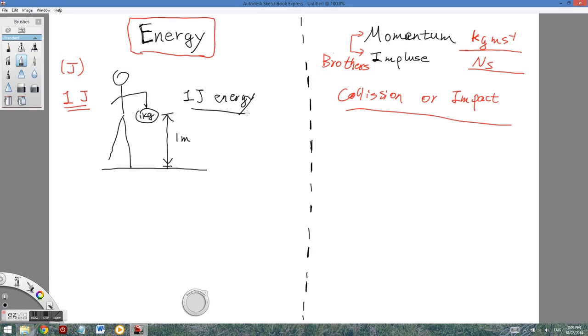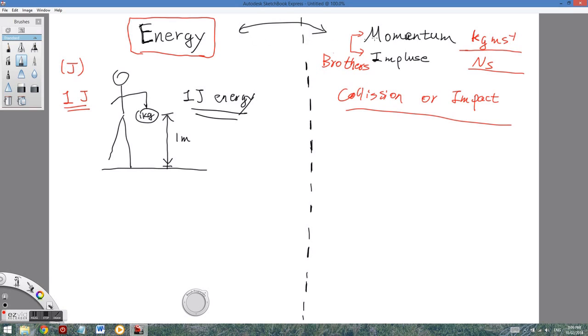Okay, there are different types of energy. We're going to do that later. However, just don't get confused with momentum. They are related somehow, but in year 12 in VCE we don't worry too much about the relationship between energy and momentum.